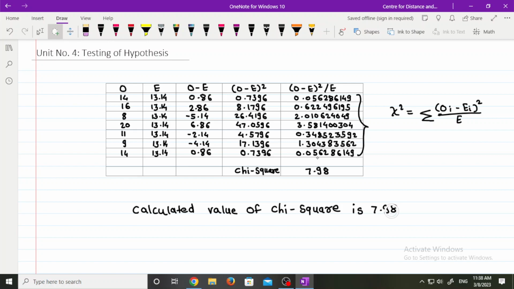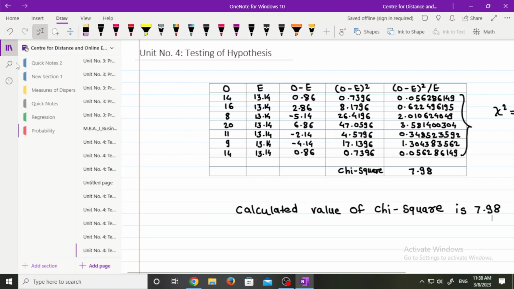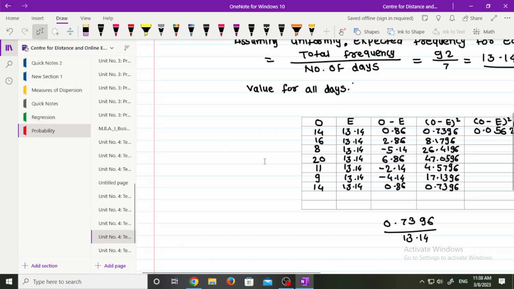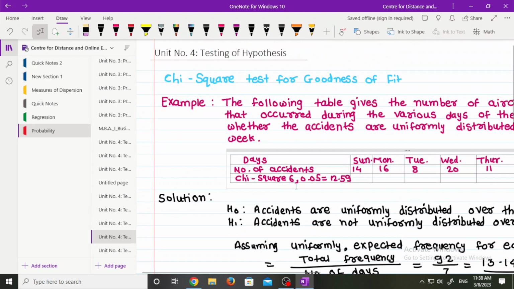The calculated value of chi square is 7.98. And in the example it is given that chi square 6, 0.05 is 12.59, that is chi square at 6 degrees of freedom at 5% level of significance.